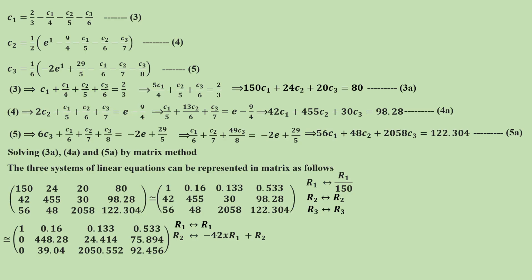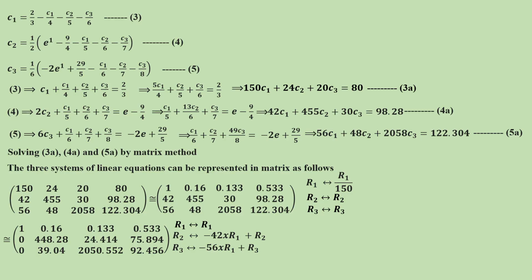So 42 into 0.16, then 455, adding plus 455, you will get 448.28. Similarly, you will do all these things, so you will get this matrix: 24.414, 75.894. Similarly, R3 is minus 56 into R1 plus R3.